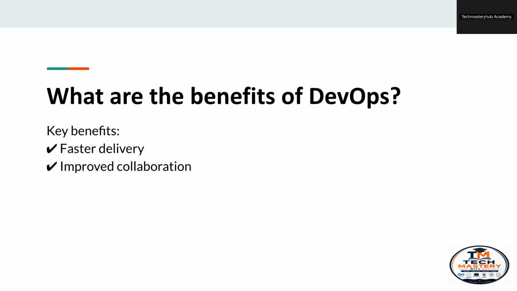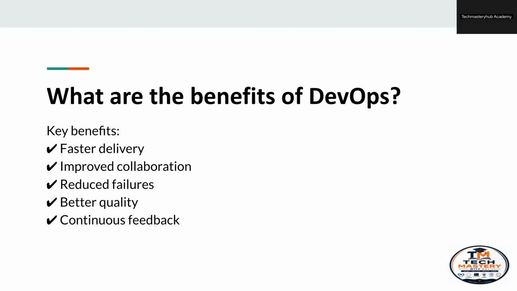Reduced failures because we have automated the testing as well, so bugs will be detected in the initial phase only. So there are fewer failures in production. Better quality, continuous feedback, high customer satisfaction. These are the benefits of DevOps.